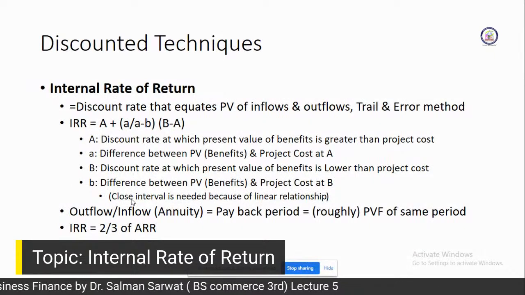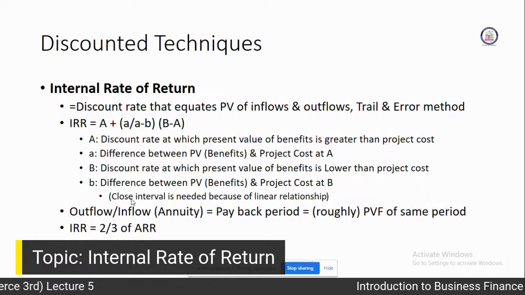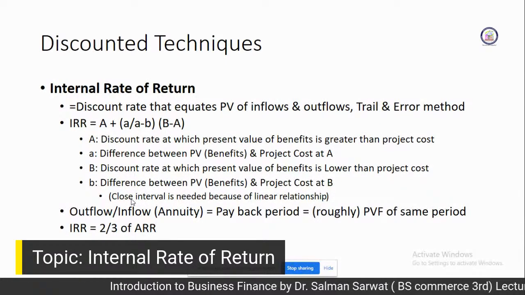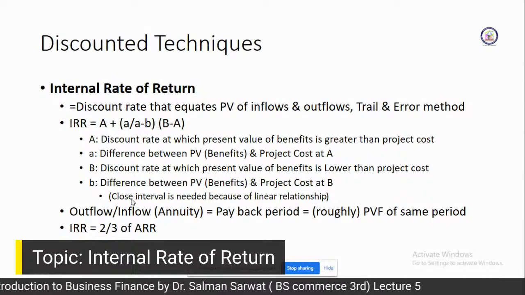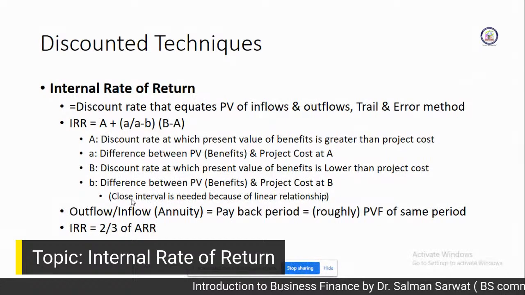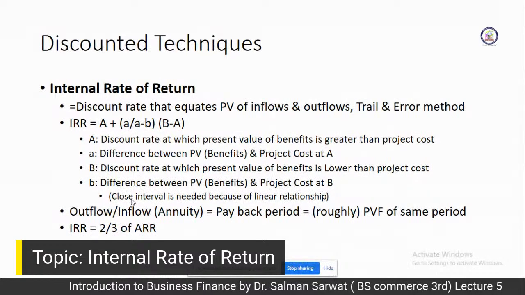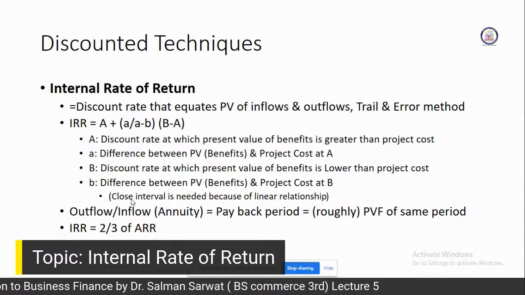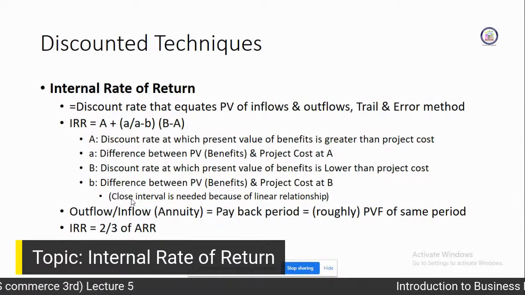In other words, we can also say that internal rate of return is the rate at which the net present value of the project or the asset becomes zero. Now, what is the method of calculating IRR? It is not a very easy or straightforward way to calculate IRR.